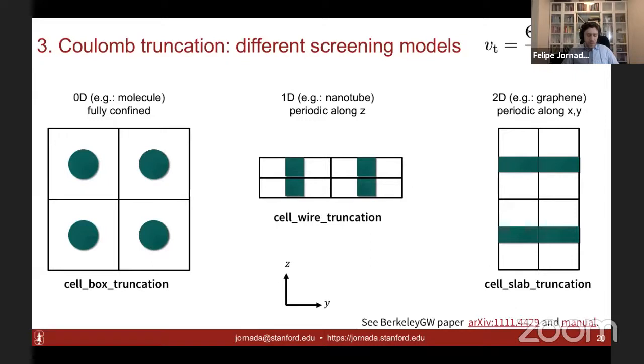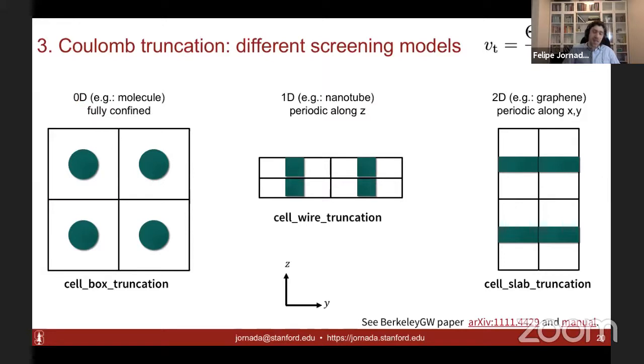One topic that I just want to briefly mention is that the code also supports different schemes for truncating the Coulomb interaction. So for instance, if you have a molecule, a zero-dimensional system, because we're doing calculations with periodic boundary conditions, the code is actually implicitly doing a calculation where you have a molecule in a box and those boxes are repeating themselves.